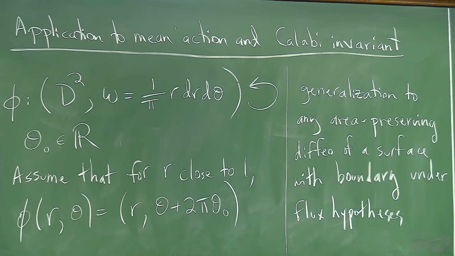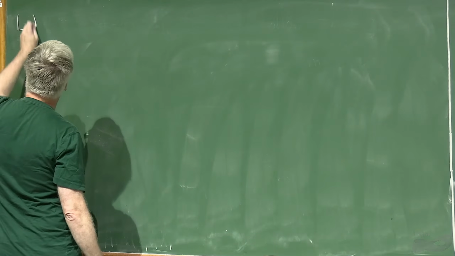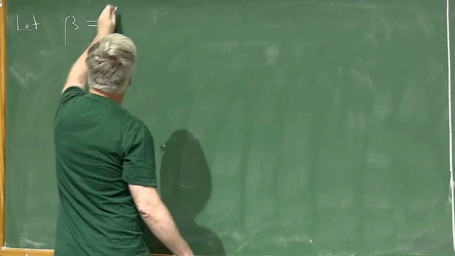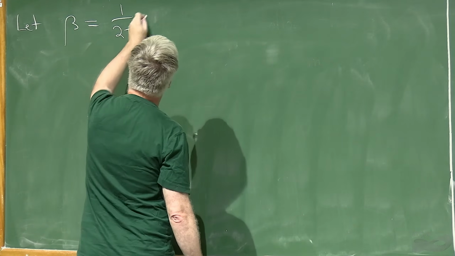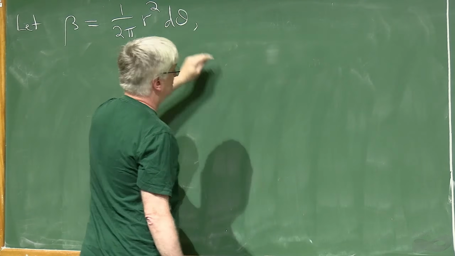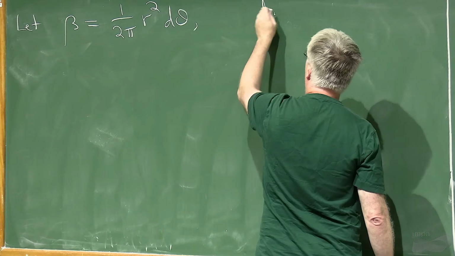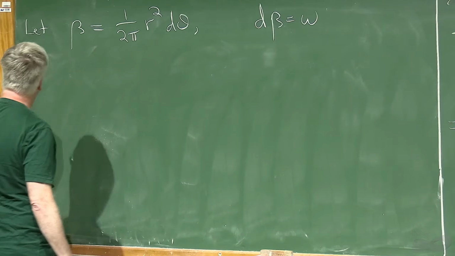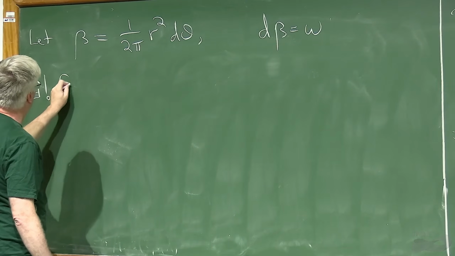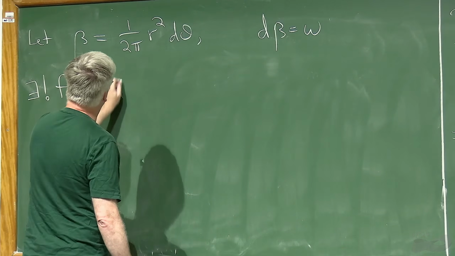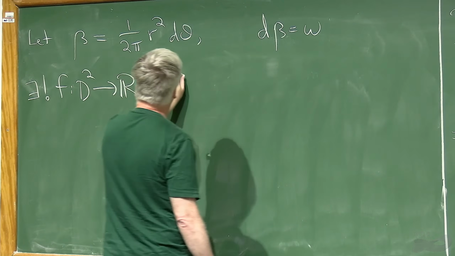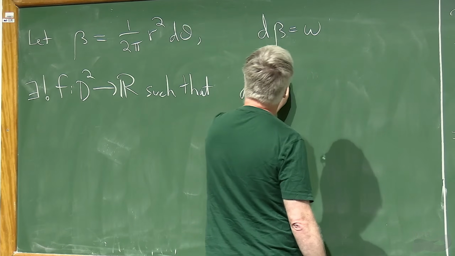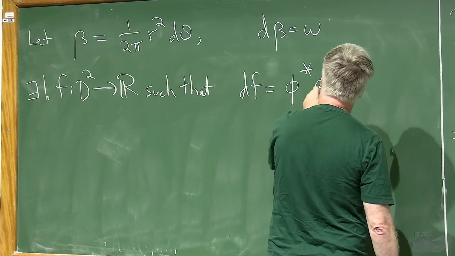So let beta equal 1 over 2 pi r squared d theta. This is a primitive of omega. And then there's a unique function f from the disk to the real numbers such that df equals phi star beta minus beta.